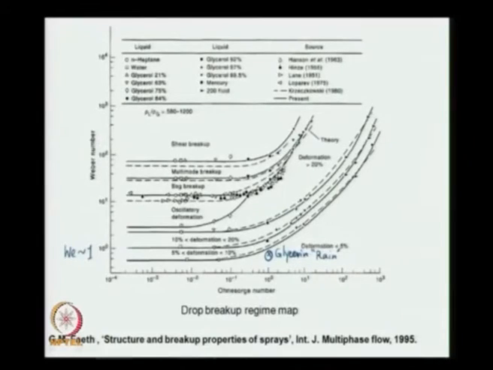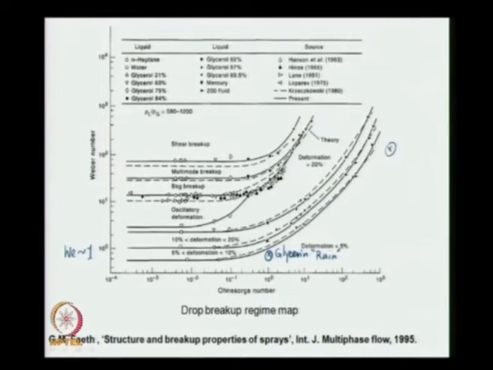You can go towards higher and higher Weber numbers, and even if you have a drop at a very high Weber number but a correspondingly high Ohnesorge number, mind you these axes are all logarithmic, an Ohnesorge number of about 10 to the power 3 would allow for a very high Weber number and still a stable drop.